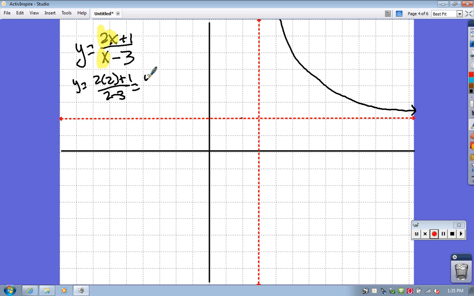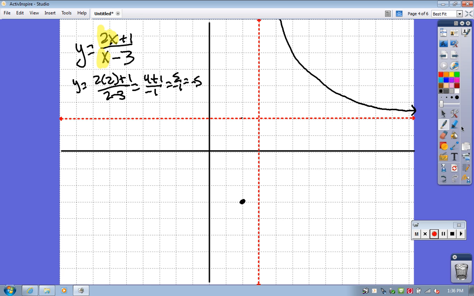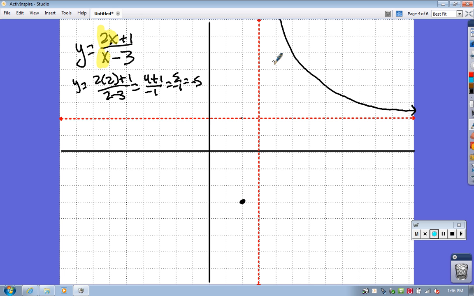So that's a 4 plus 1 over negative 1. 5 over negative 1 is negative 5. 1, 2, 3, 4, 5. So it's about here. And again, I know that as x gets closer to this, it's going to tend towards negative infinity. As x comes through here, that's going to tend towards that. And I'm not going to make a big deal about where the intercept falls. I could figure it out, let y be 0, and then solve it. But I just want a sketch of it, and I want to know where the asymptotes are.